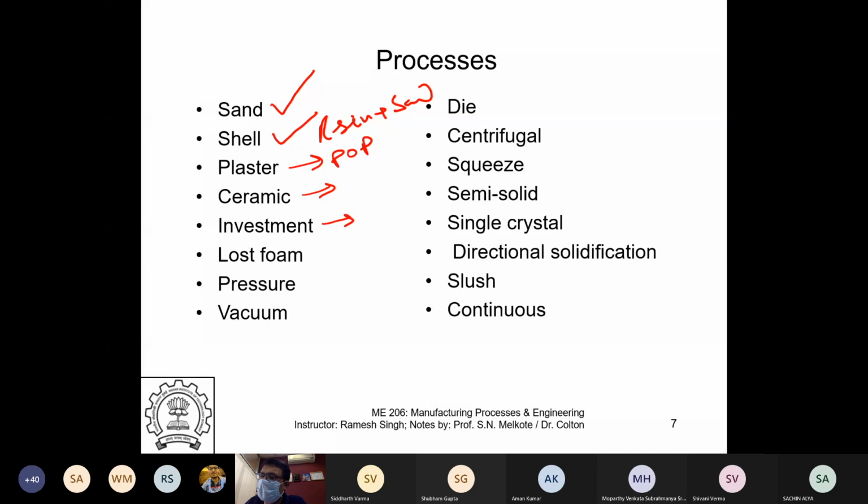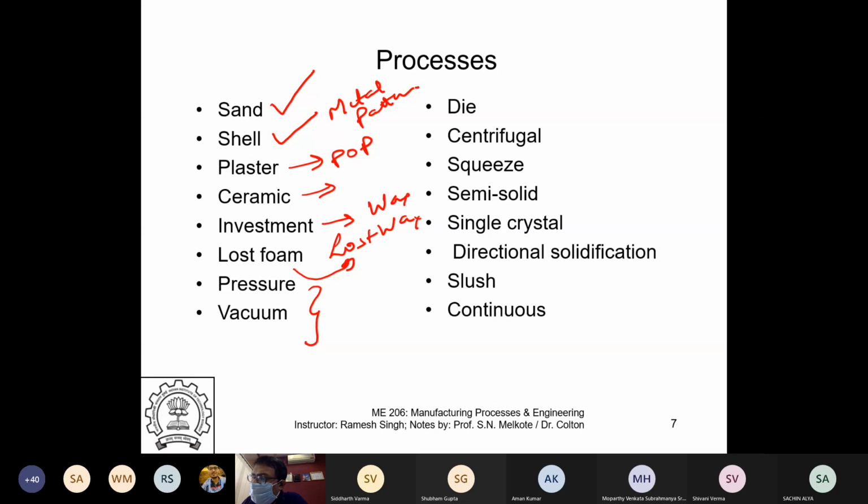Investment actually uses some sort of a ceramic mold in the same fashion as you do it in the shell. Here you use a heated metal pattern; here you use a wax. It's also called lost wax. Lost foam is also very similar to lost wax.